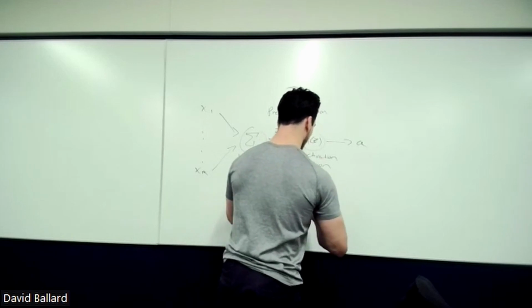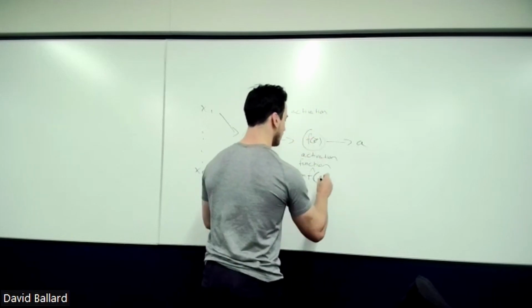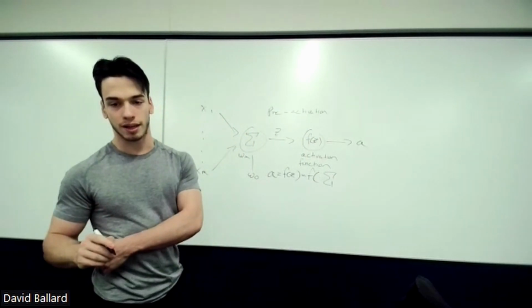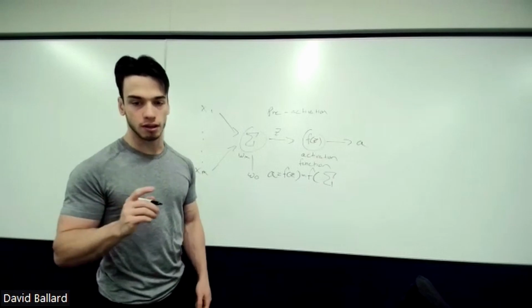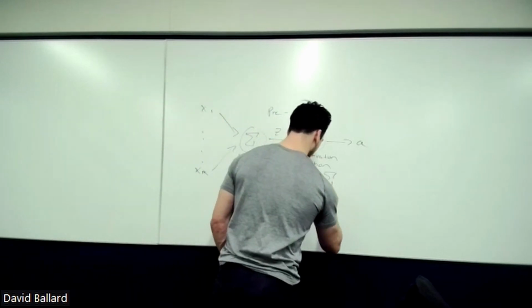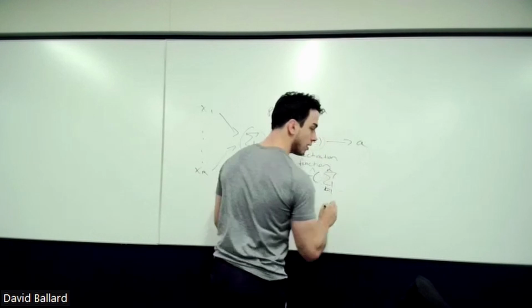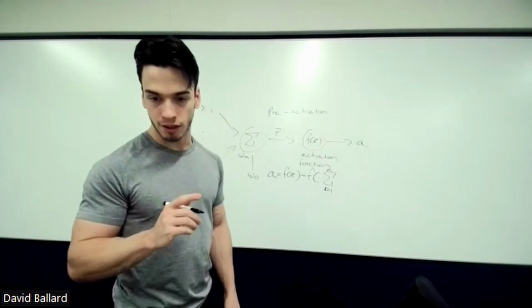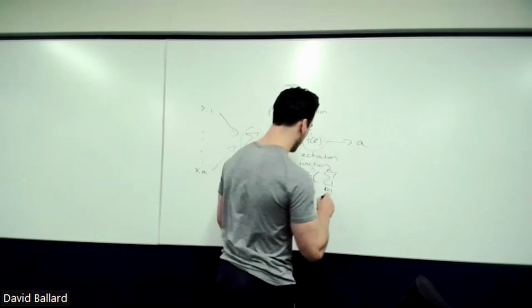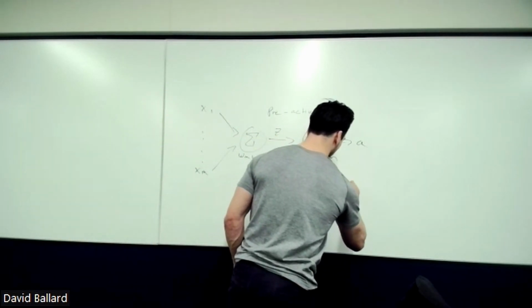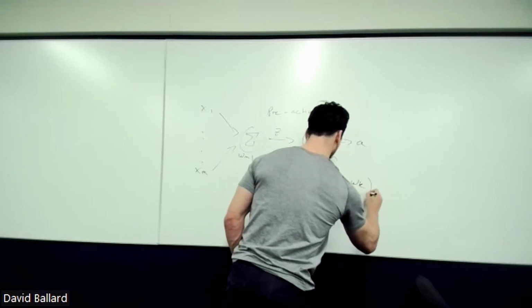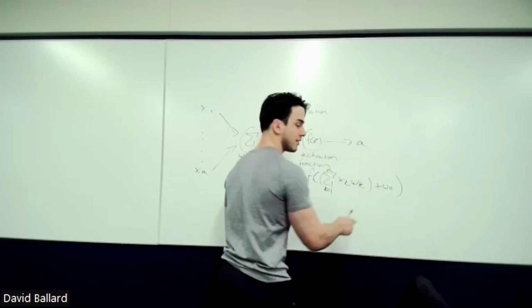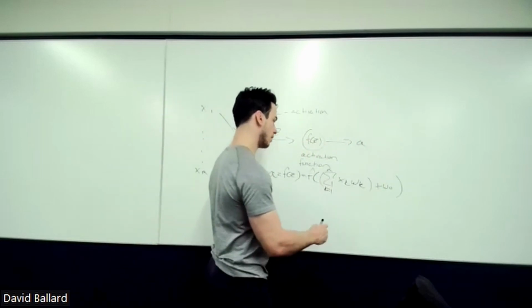Z here is the sum from k equals 1 to m, where k is just the dummy variable, of xk wk plus your offset, which is just a bias.